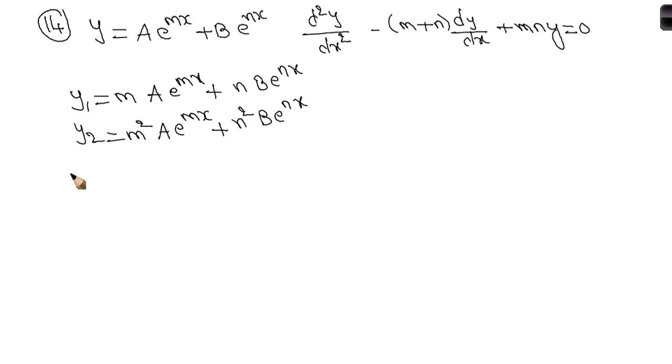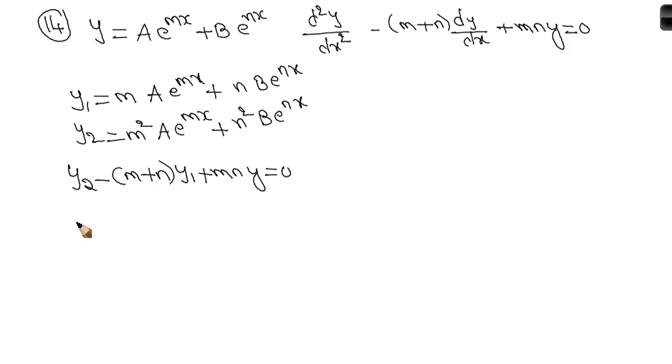So now y2, let me take the question, minus m plus n y1 plus mn into y, I need to prove this is equal to 0, right?